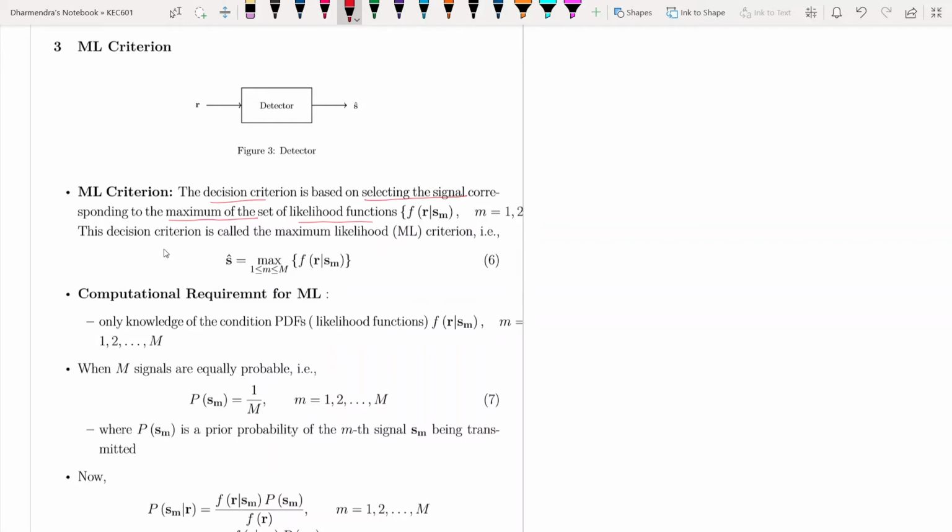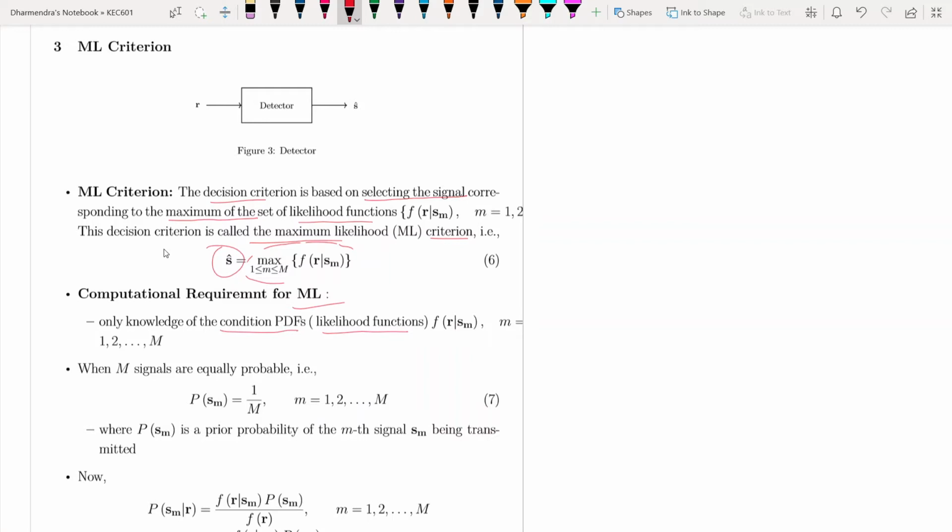So the decision criterion is called the maximum likelihood criterion, and S cap will be determined based upon the max of this likelihood function. The computational requirement for ML is only knowledge of the conditional PDFs, known as likelihood PDFs.